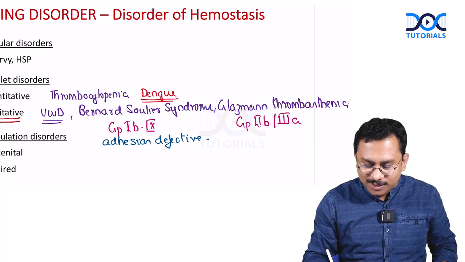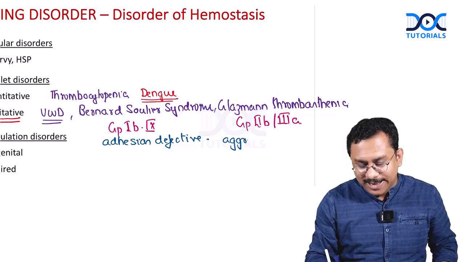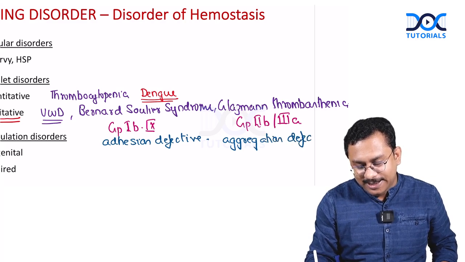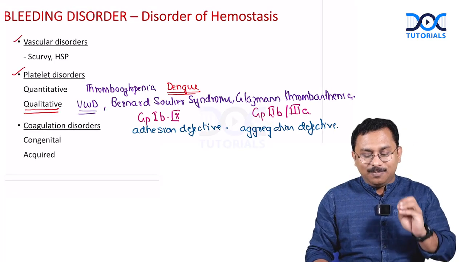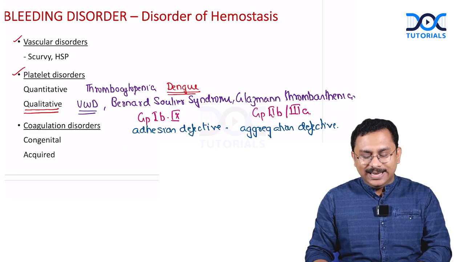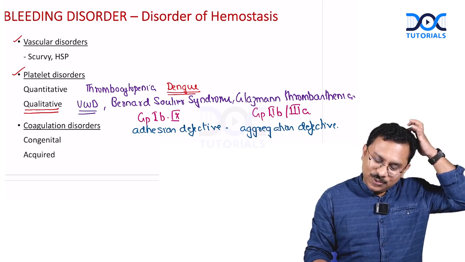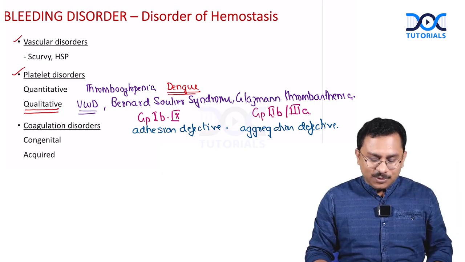So here, what is defective? Platelet aggregation is defective, because of which, despite a preserved platelet number, the function is affected. So you can have a disorder of hemostasis.